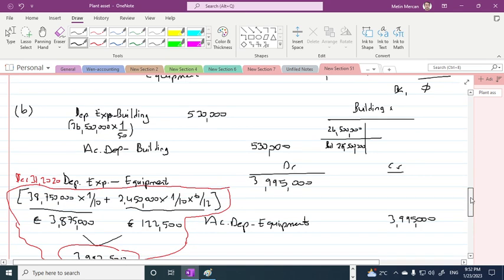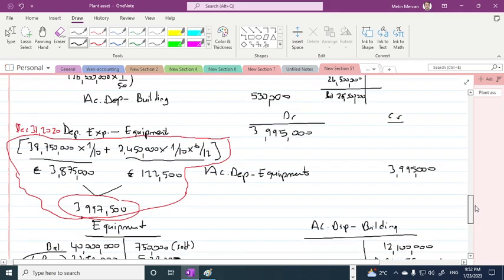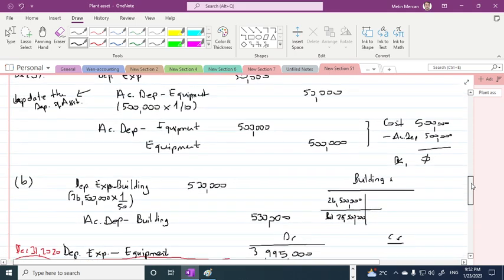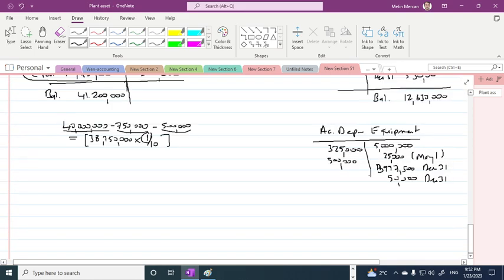This one, yeah, and 3,997,500, and we have also $50,000 because of this updated amount. So if you sum, you find the balance here: $8,247,500.